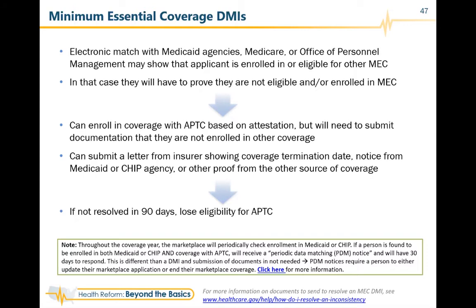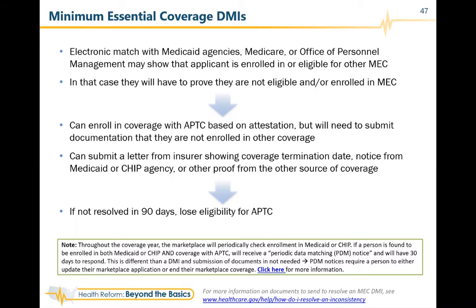And so in this case, if the data show that you are eligible or that you are enrolled, usually in both, let's say, Medicaid and marketplace coverage with APTC, you will get a letter and an initial notice, and you will need to prove that you're not eligible for or enrolled in other MEC.